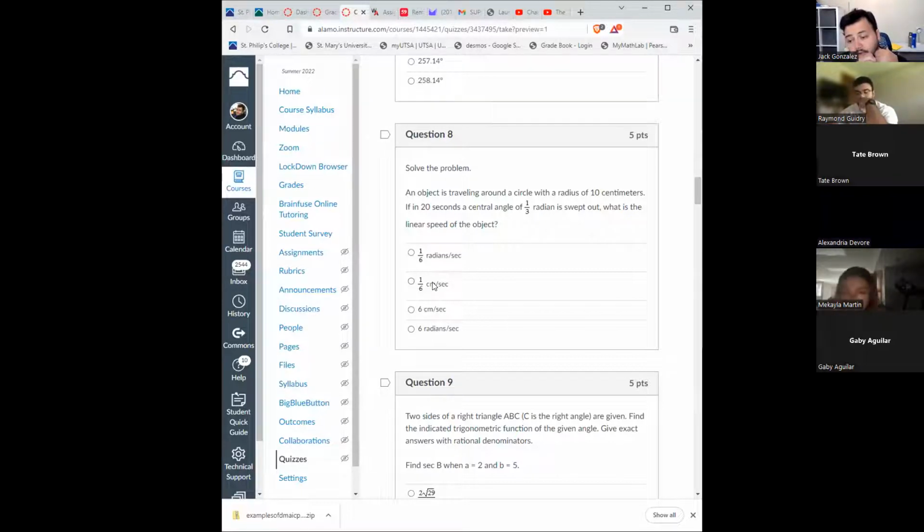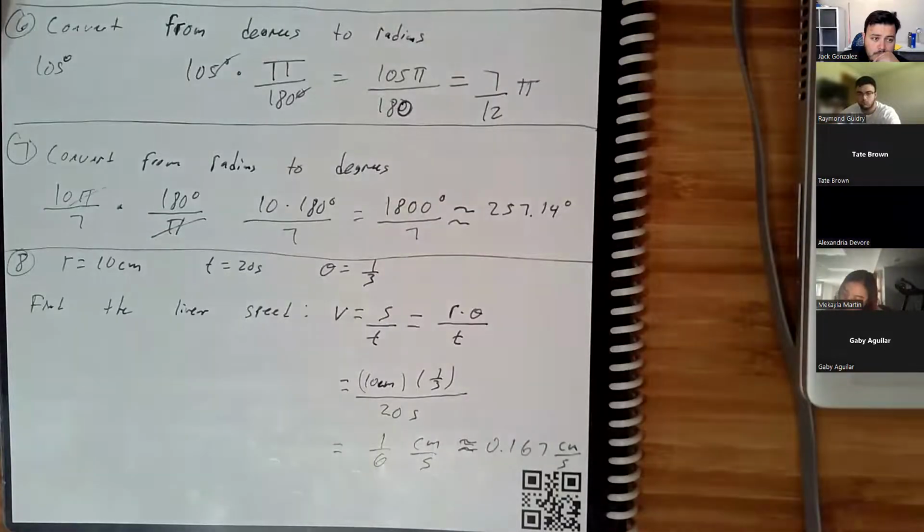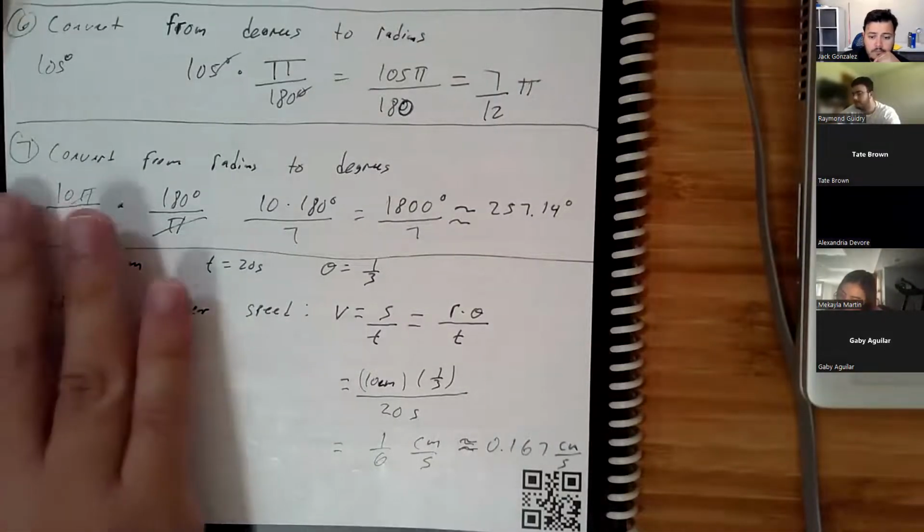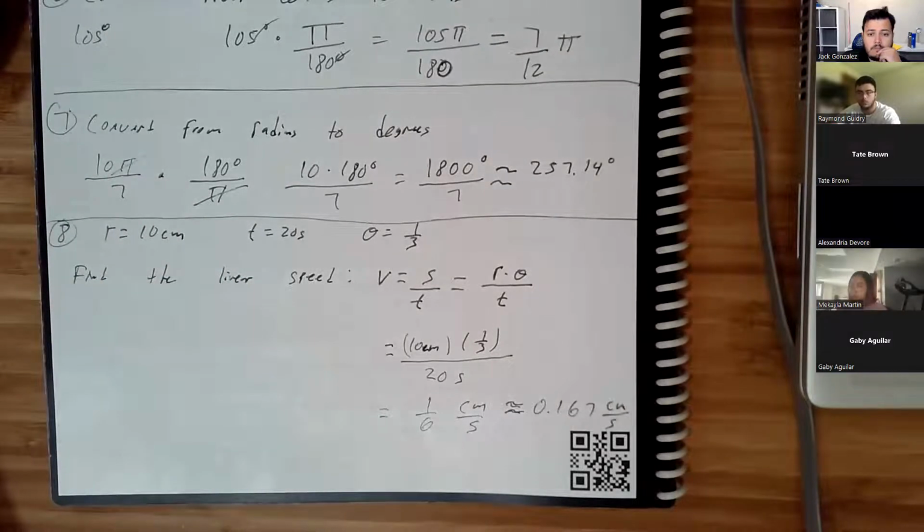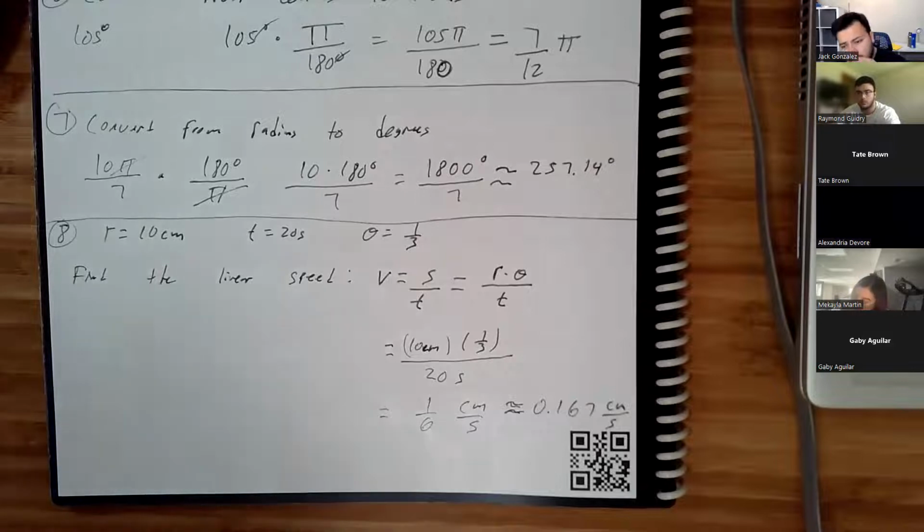Any questions on problem 8? Does it make sense? No, we're just using the formula and plugging in whatever they give us. Just make sure that it is in radians. If theta is in degrees, you're going to have to change it first.